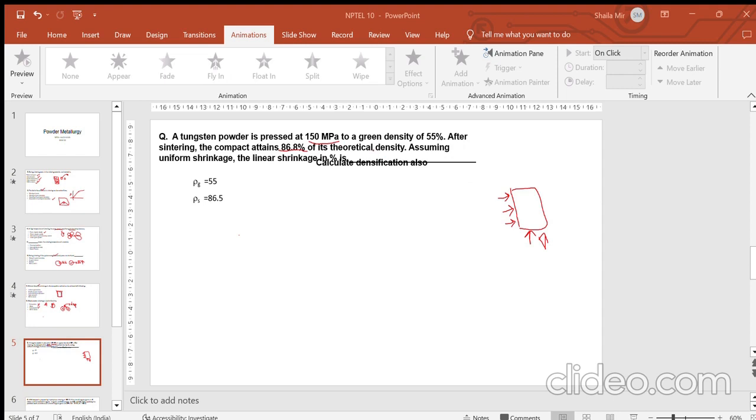You need to use the relationship between these three and find the linear shrinkage in percentage. You can take 5 minutes and try to answer, then I'll also solve it with you. So based on the relationship between the green density, sinter density and linear shrinkage, you have to calculate the percentage of linear shrinkage.